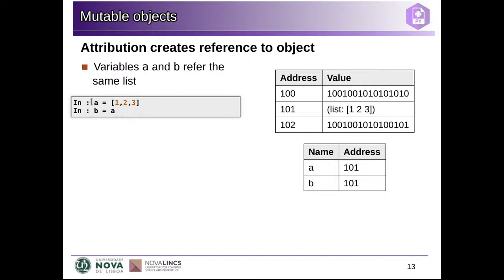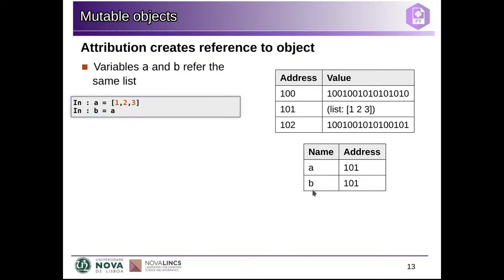For example, when I do a equals the list 1, 2, 3, the interpreter will create the variable a, this name, and in the corresponding address will put the list in some binary code, but it has this object there. If I do b equals a, then the interpreter will create the variable b and make it point to the same object as a.